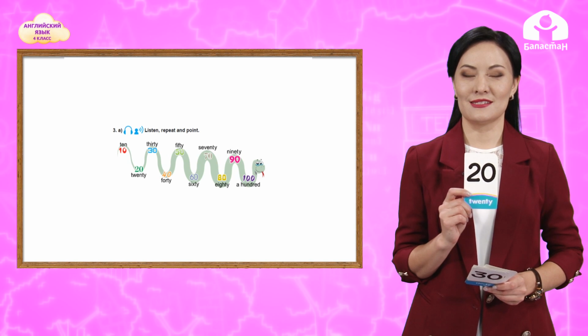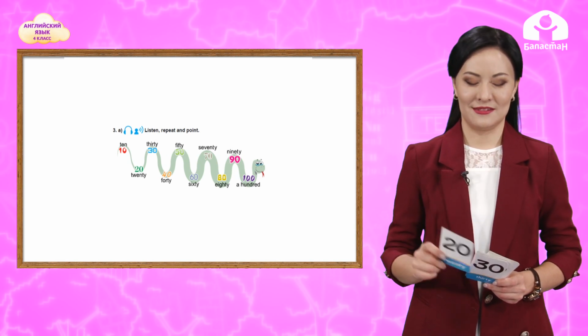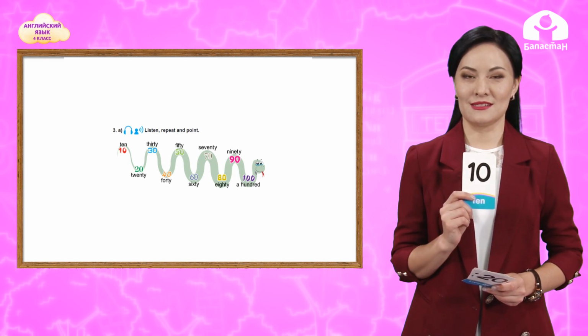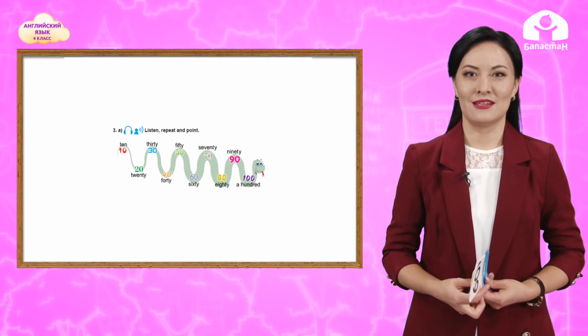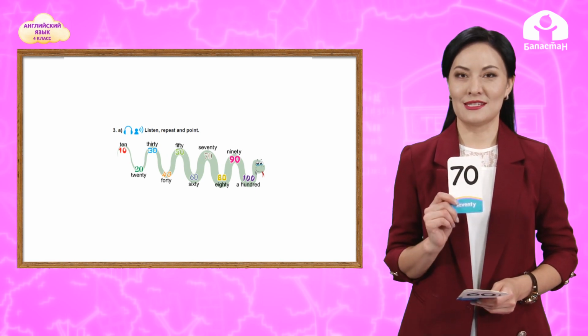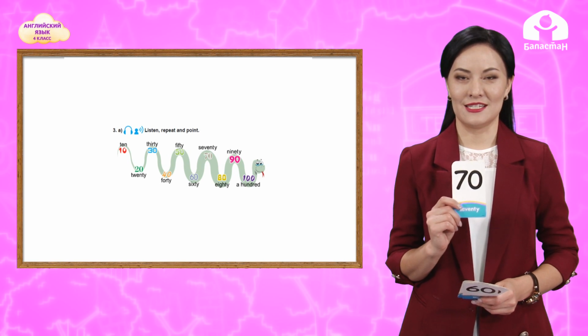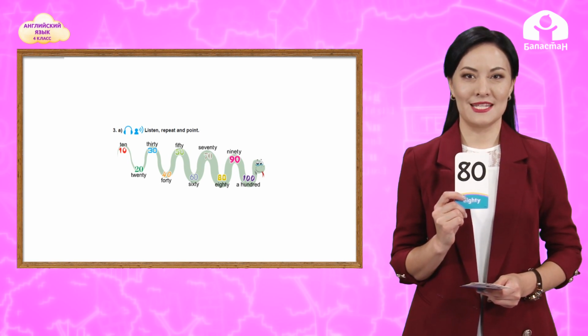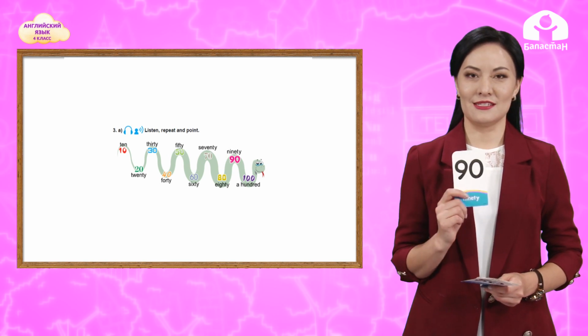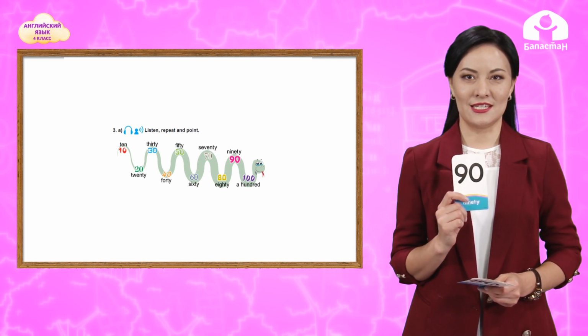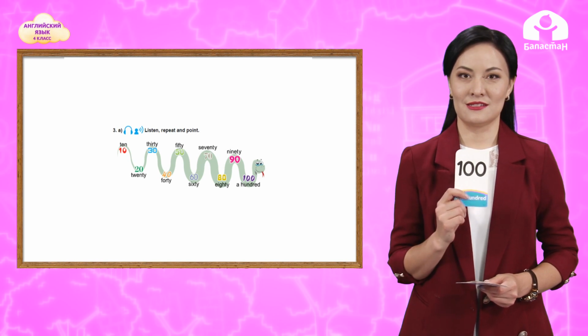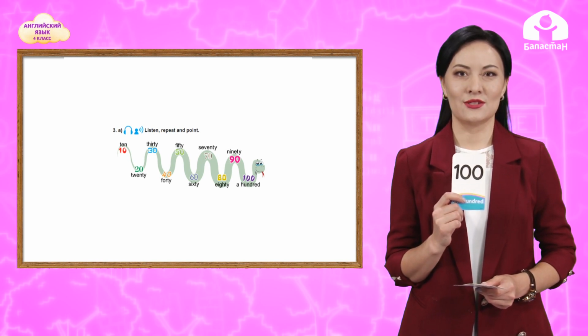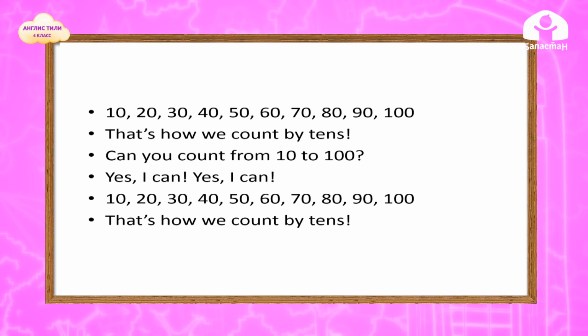What number is this? 20. And what number is this? 10. What number is this? 70. What number is this? 80. This? 90. And this? 100. Good job. Now let's read and recite.